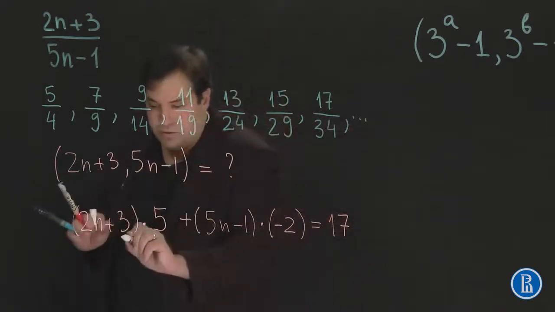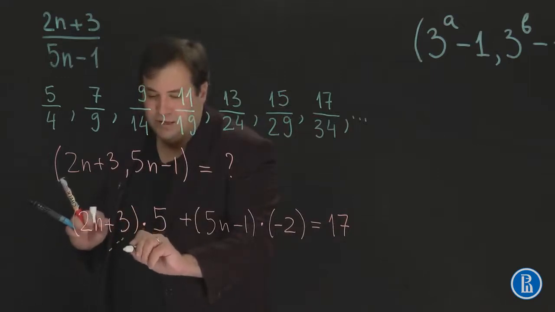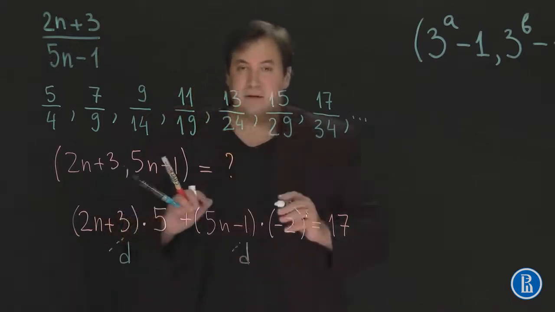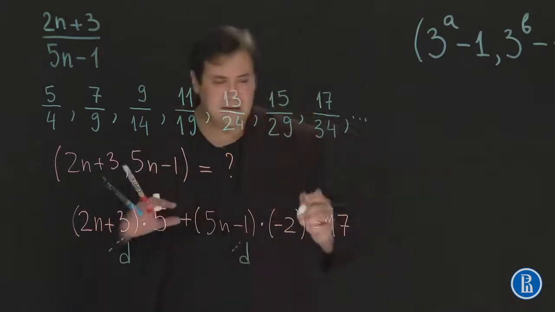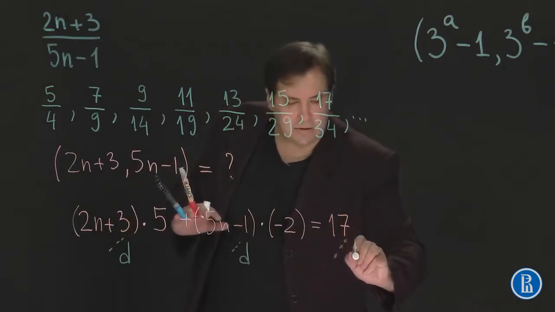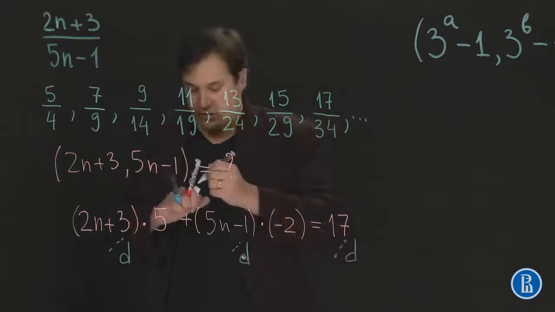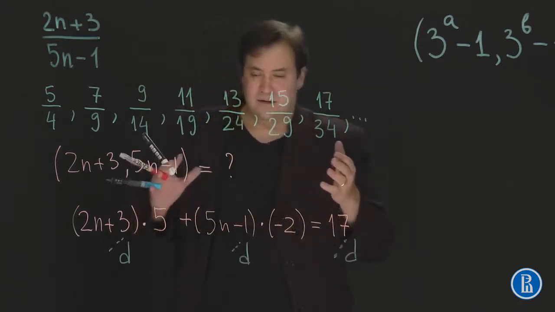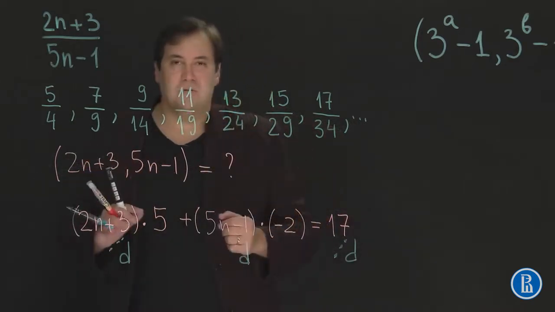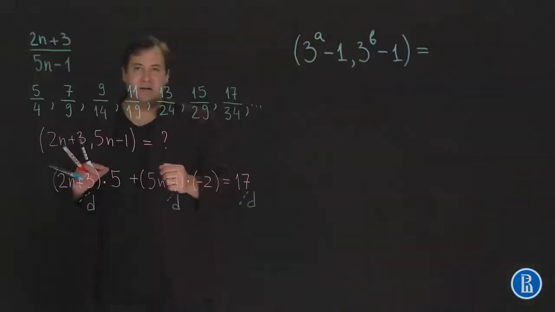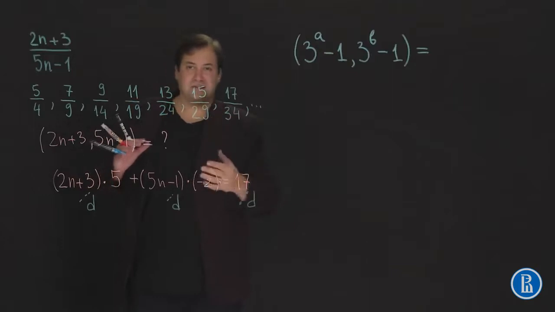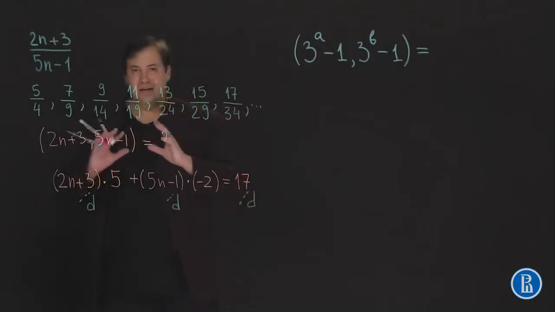Because if both 2n plus 3 and 5n minus 1 are divisible by some d, then 17 must be divisible by the same d. Therefore, only 1 and 17 could be the greatest common divisor of a numerator and denominator. Thus, if the fraction is reducible, it is reducible by 17 and nothing else.